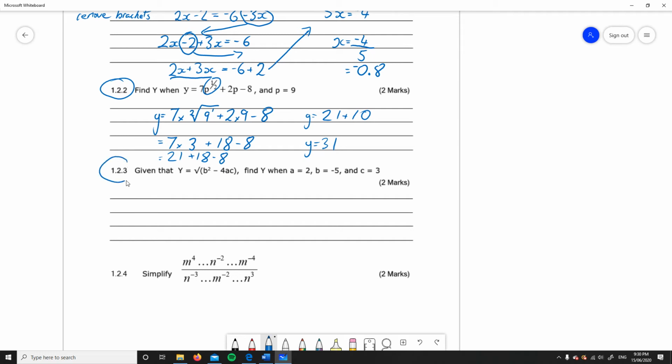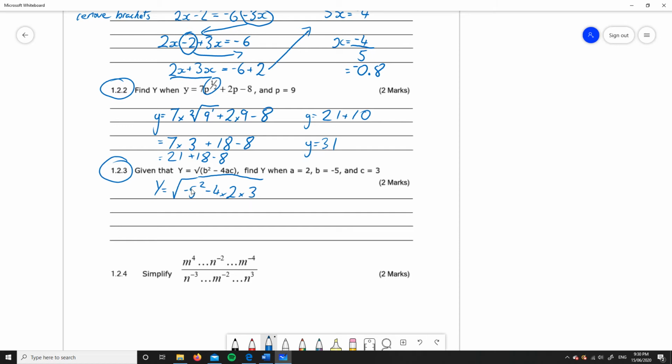Moving on to algebra question number 3. So again, instead of substituting a single value being p, we're now substituting multiple values in. Okay, so y equals the square root, so square because there's no value there, b squared, so minus 5 squared, minus 4 times 2 times 3.